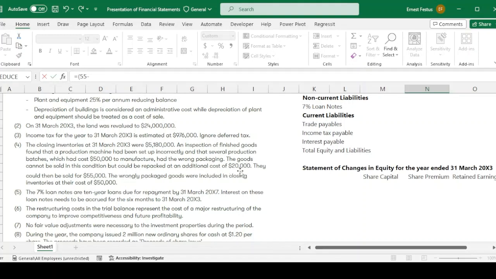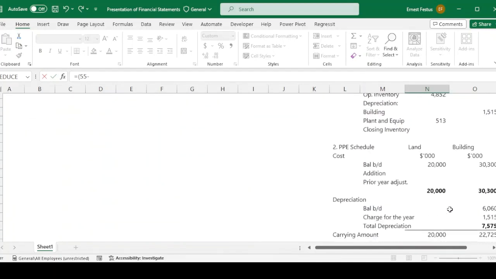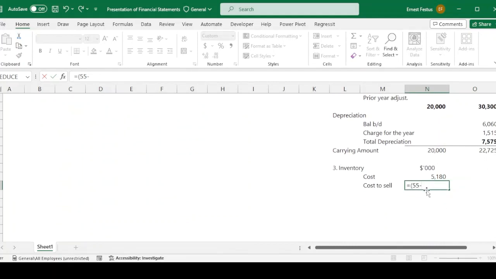However, before the repackaging, it was already costing 50, and so we would have come here and written 20 and then 50 again. I'll close my parentheses, I hit enter, and we have 15. So this 15 here is the cost to sell the asset.